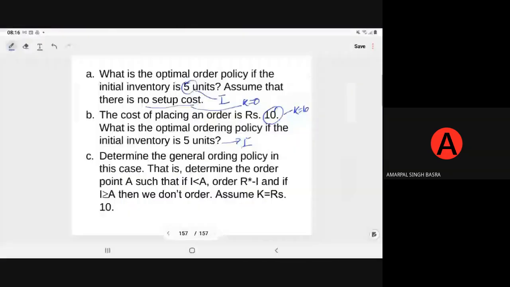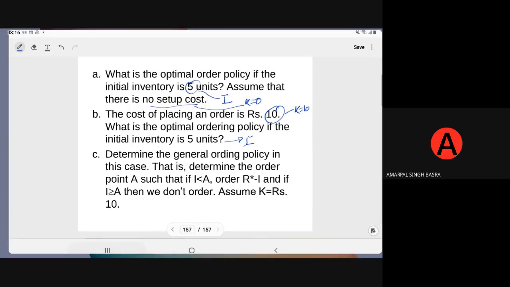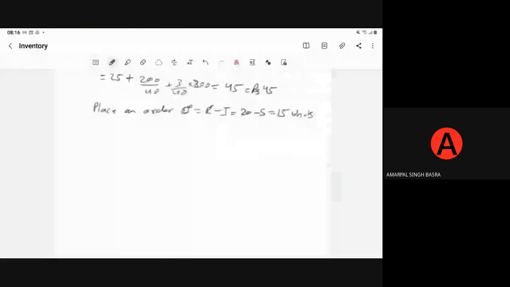Now, in part C, determine the general ordering policy. What is the general ordering policy? In this case, determine the order point A such that if initial inventory is less than A, then order the quantity R minus I. If initial inventory is more than or equal to A, then there is no need for ordering. And you have to take the setup cost as rupees 10.